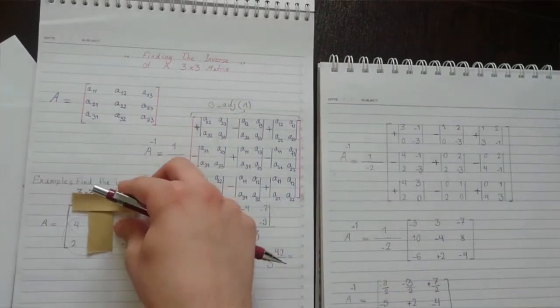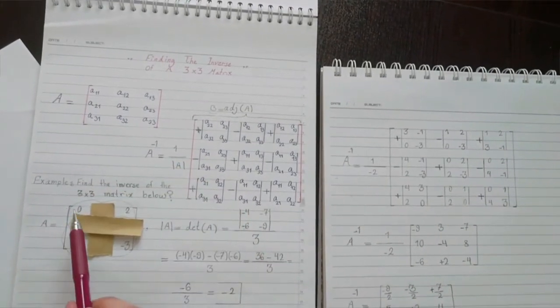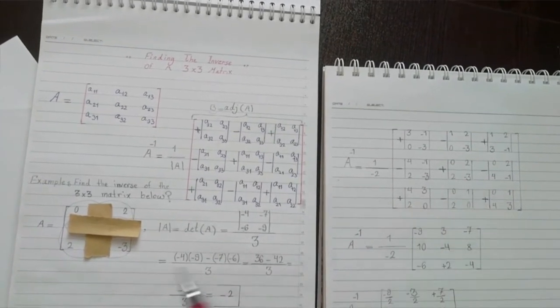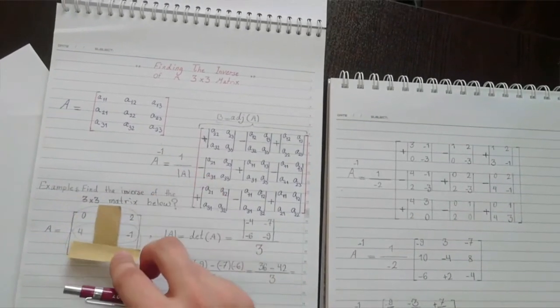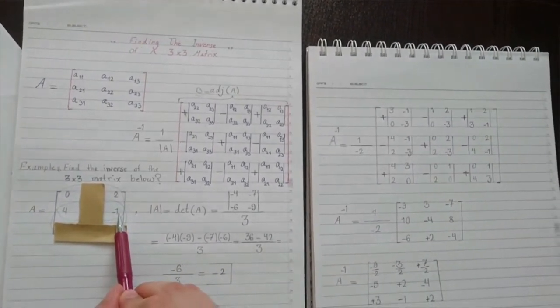Okay, and the next entry is going to be 0, 2, 2, negative 3. Okay, and the next entry 0, 2, 4, negative 1.